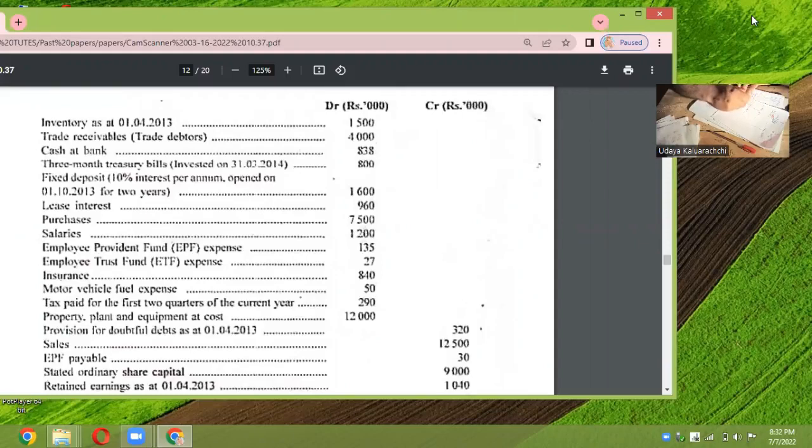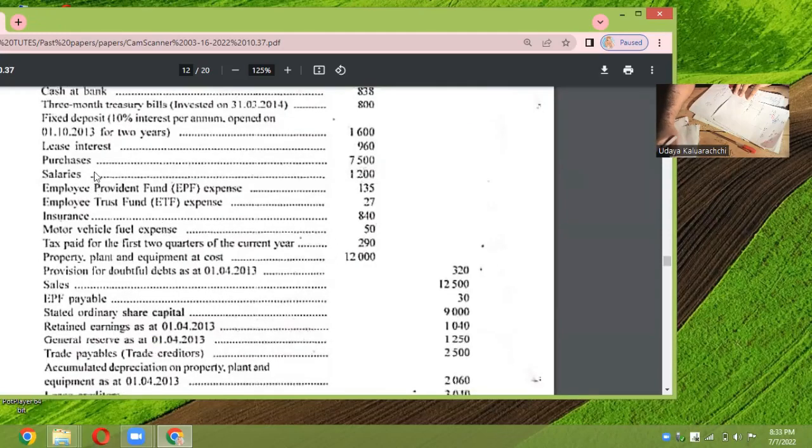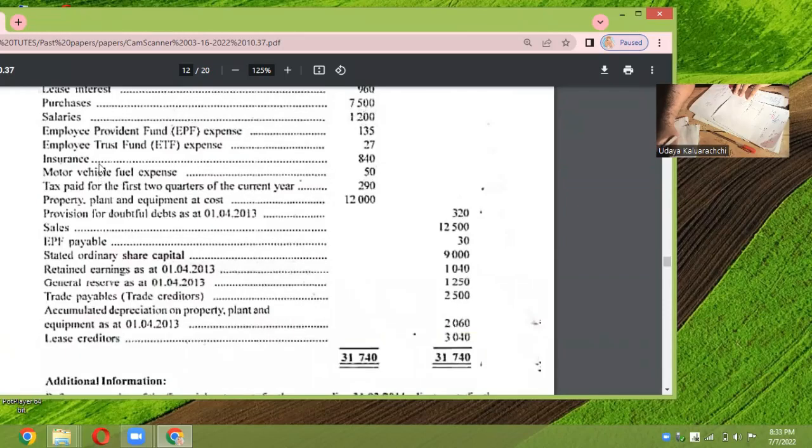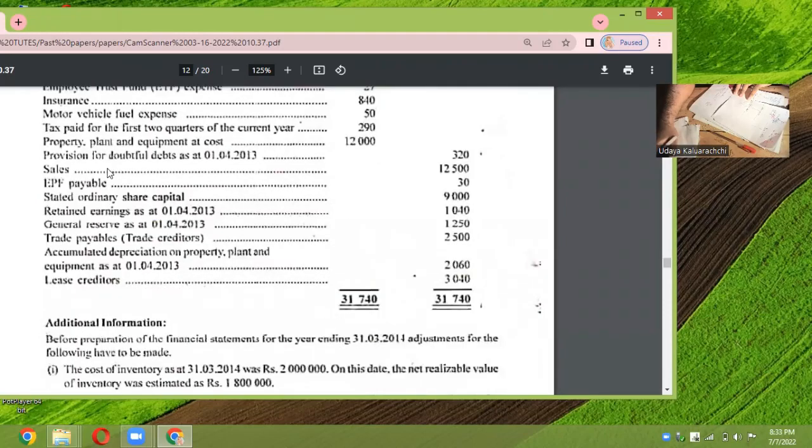Lease interest. ඒගොල්ලෝ lease interest account එකට අර total installment එකම record කරලා. Then lease creditors balance එක තියෙනවා 3040. ඒකත් හරි. අපිත් ඒක හොයාගත්තා.